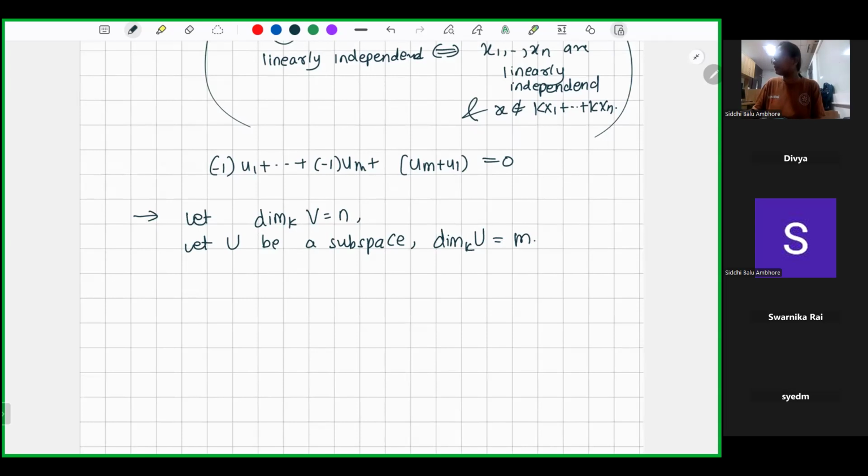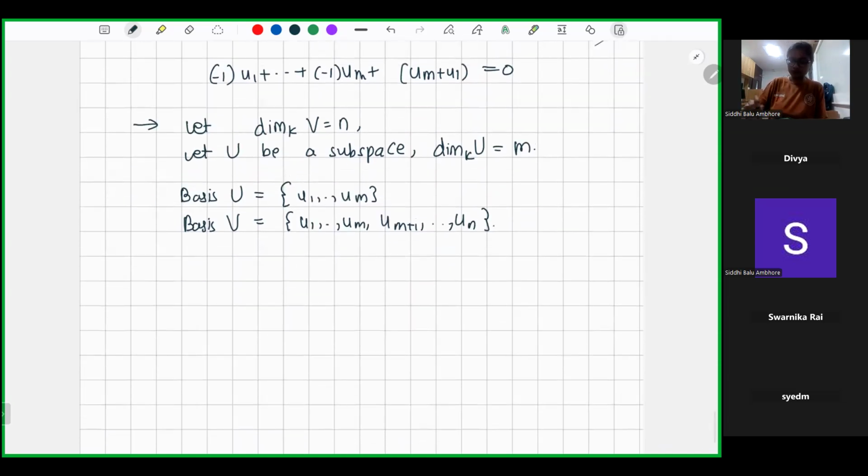As given, a basis of U is u1 to um, and a basis of V is u1 to um, um plus 1 to un.